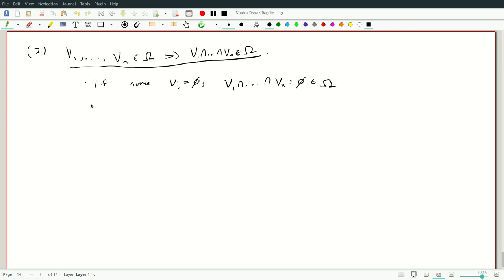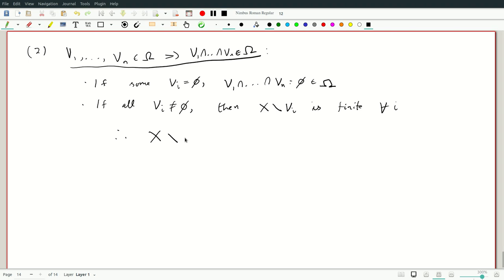But on the other hand, if all Vi are non-empty, then what we know is that X minus Vi, the set difference, is finite for all i. Yeah, it's a finite index set.